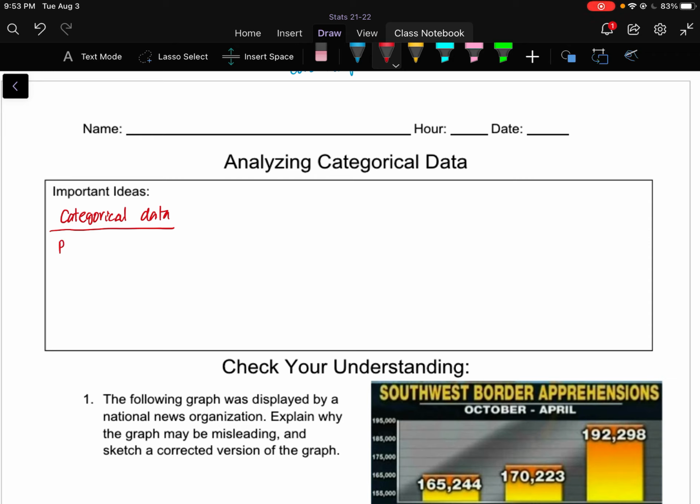Okay, so we record frequencies, right? That's just our fancy word for counts, or the relative frequencies. Okay, which is just our fancy word for percentages.